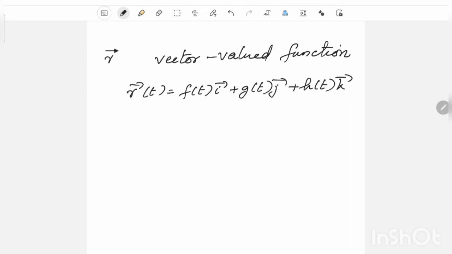where the component functions f, g and h are real valued functions of the parameter t lying in a parameter interval I. We can have some examples.